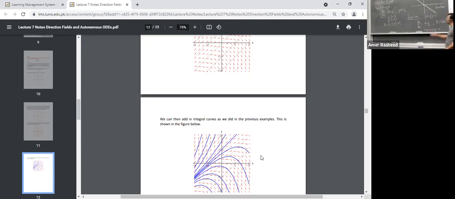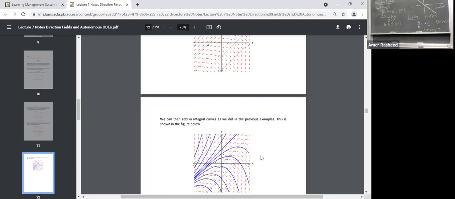But if the isocline comes from the singular points of an autonomous differential equation, we'll discuss autonomous differential equations after this, and then I shall give you an example that the isoclines which come from the singular points of a differential equation in fact divide the plane into different regions where the solution curves cannot cross those lines. So I'm sorry. You got it?